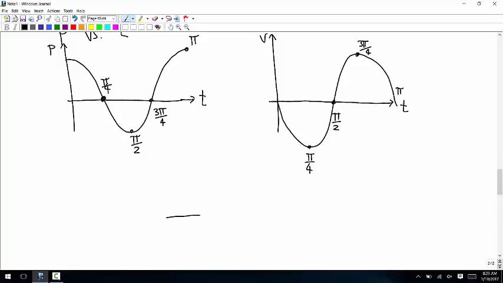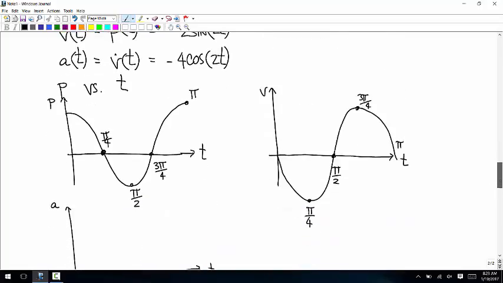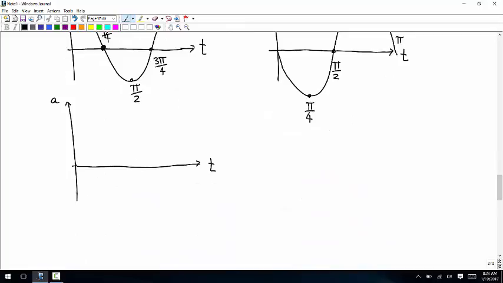And then acceleration as a function of time. That's a negative cosine function. So that's going to go like that, where this point is pi over 4, pi over 2, 3 pi over 4, and pi.